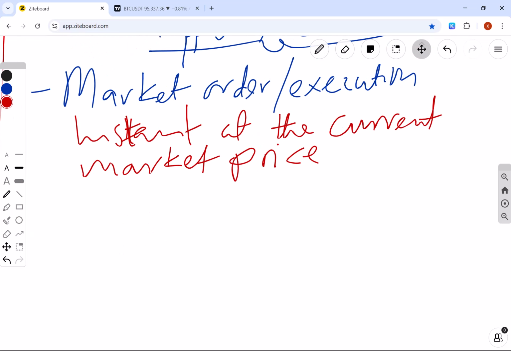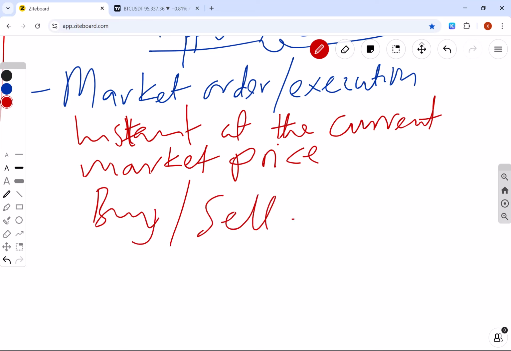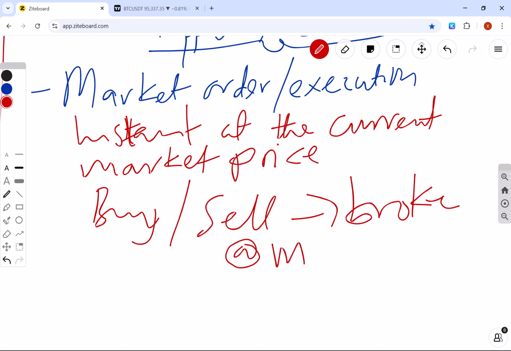All right, so if you are giving a buy or sell command to the broker, that command at market order or market execution is executed instantly.